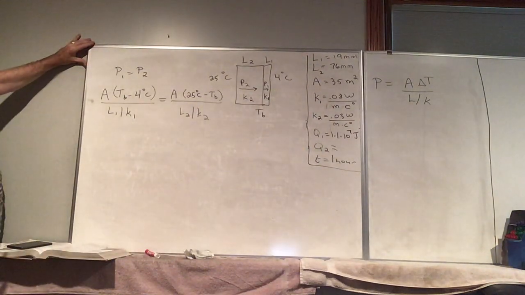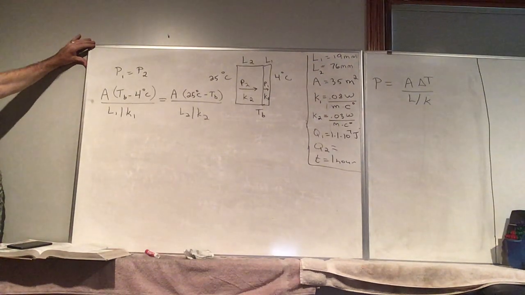And so what we can do here is solve for this boundary temperature. And we can cross off the A right away. And we want to get a common denominator. So it's going to be a little bit of algebra. But the idea is once we find this boundary temperature, then we can calculate the rate that energy is flowing through this material.